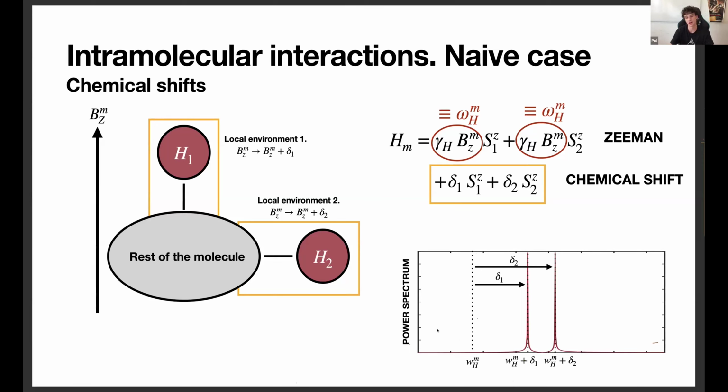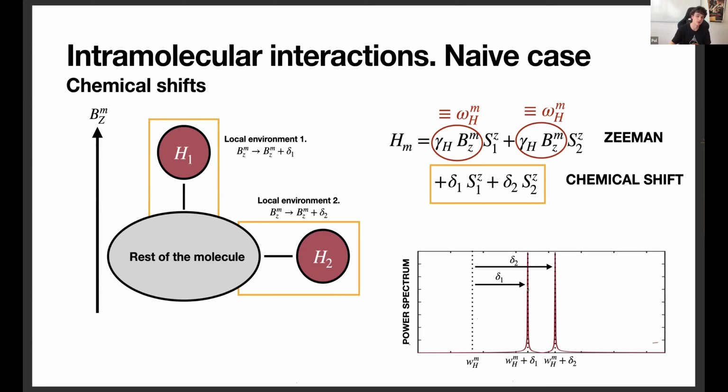But if we consider now that there's a chemical shift for both hydrogens, and in the most general case, they are different, both peaks will move from the original resonance frequency to another point in this frequency spectrum. And I will have, instead of one peak, two peaks, one corresponding to each hydrogen.